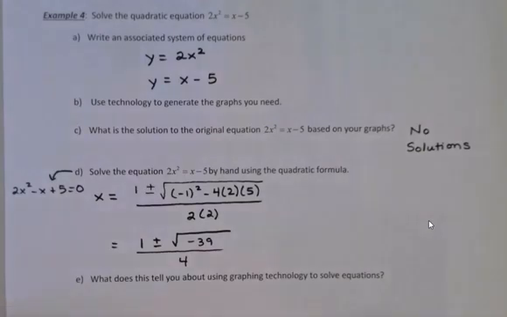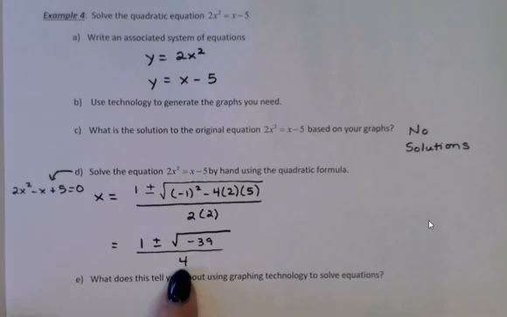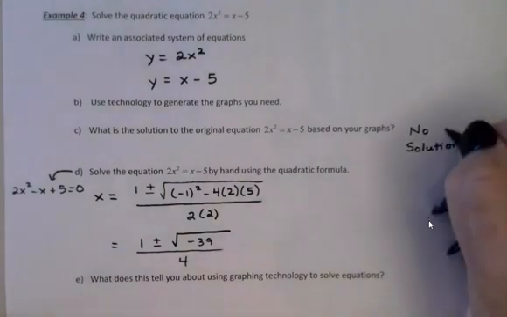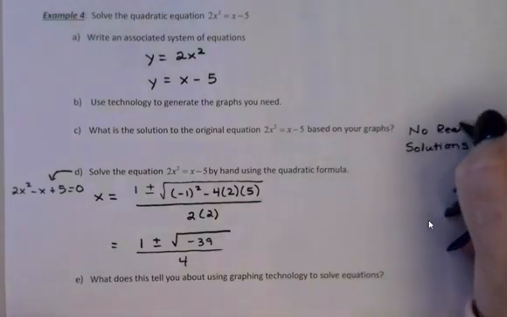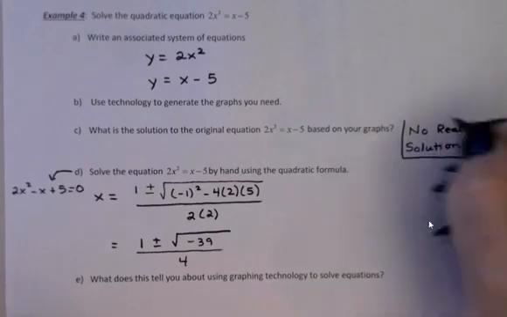And I suspect you can already see what was happening here with the no solutions. There actually are solutions, but with the negative under the radical, the solutions are complex numbers. We're going to get an i in here. And we can't see imaginary numbers on a graph. So we're going to say not just no solutions, but no real valued solutions.